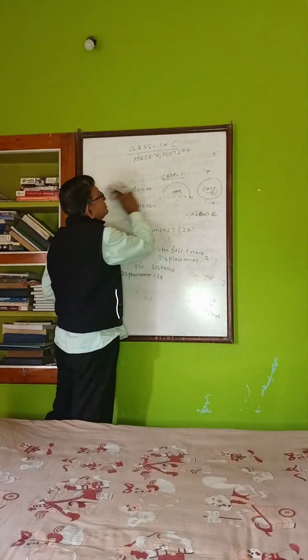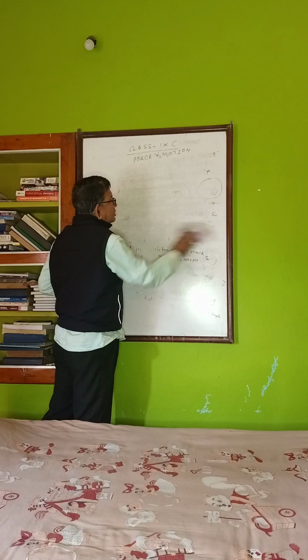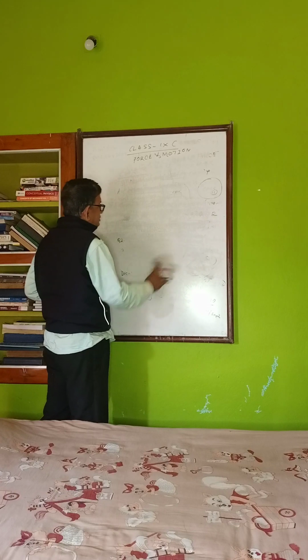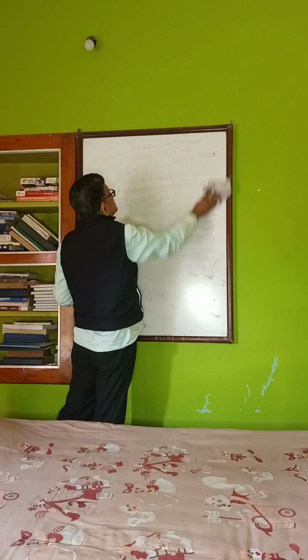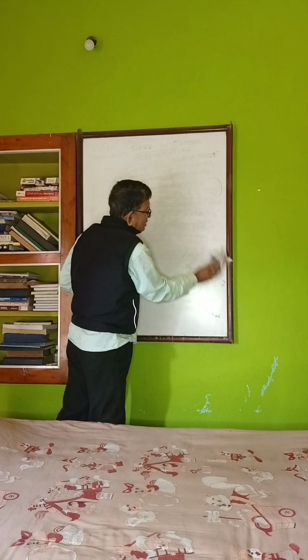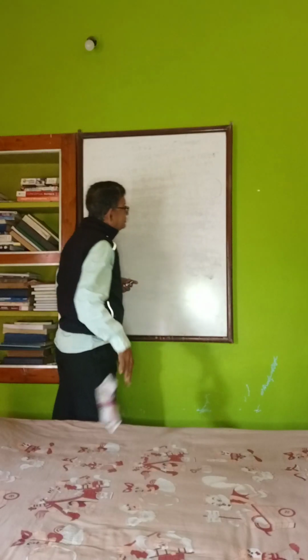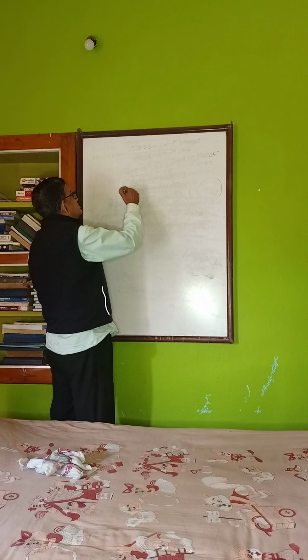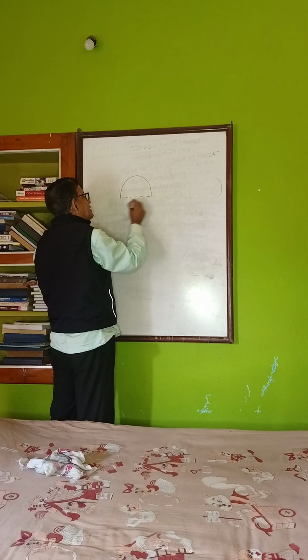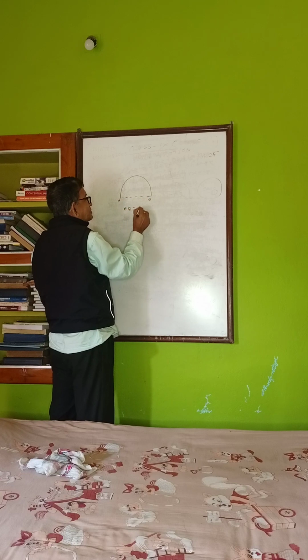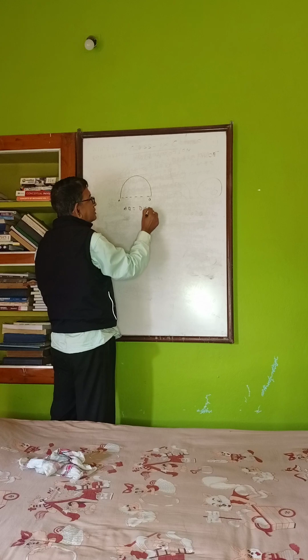Question is, what is the distance? That is the displacement, AB is the displacement.